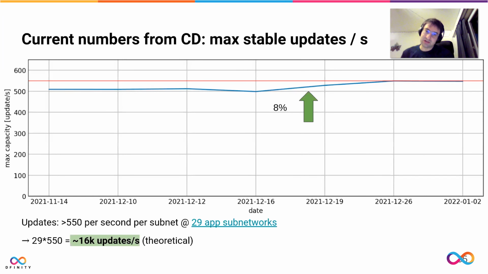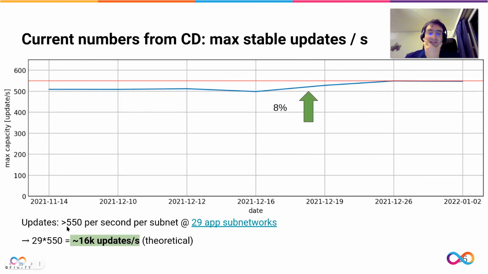The first is the number of updates per second we can handle in a single subnetwork. As you can see here, we have improved this a little bit since November. We were able to do around 500 updates per second per subnetwork before, and now, with around an 8% improvement, we are up to around 550 or so.